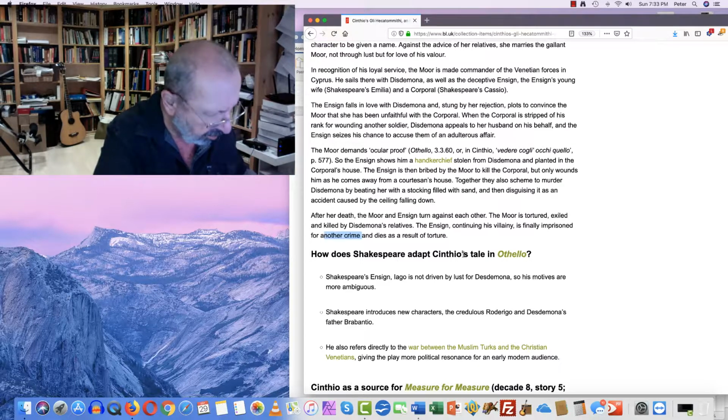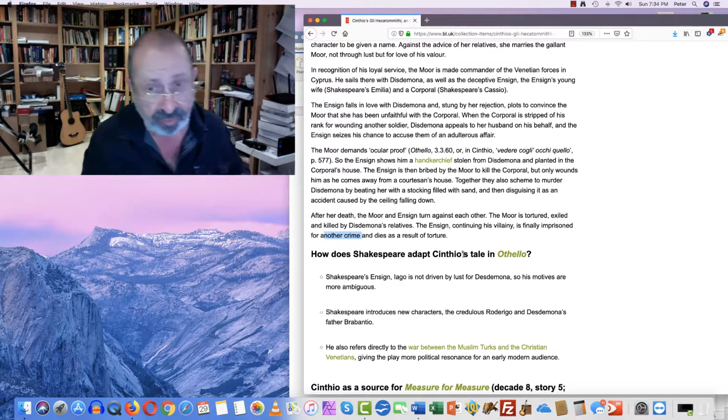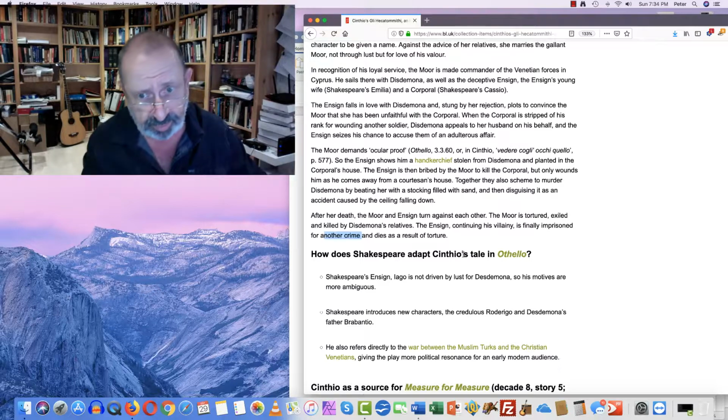There's a line where Desdemona says that I love the Moor, but in one of the textual variants, she says that I did love the Moor. So that one extra word, did, changes love from the present tense, I love the Moor, to I did love the Moor, to past tense, which is a kind of bow to Cinthio's version where she falls out of love with her husband.